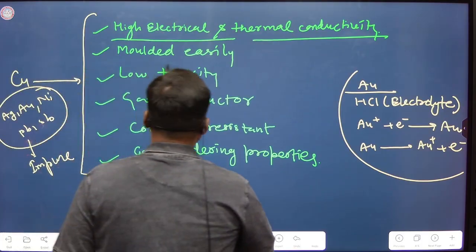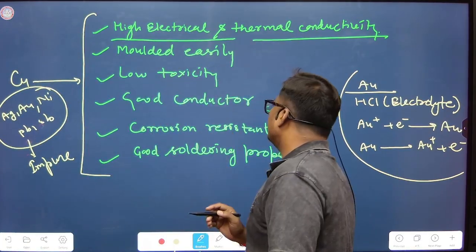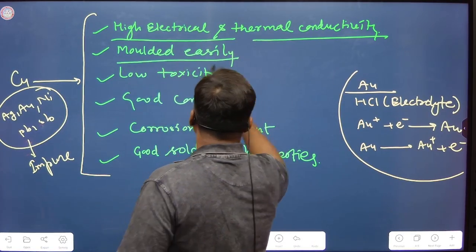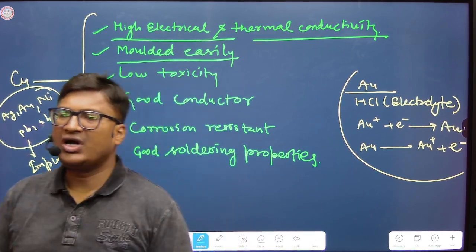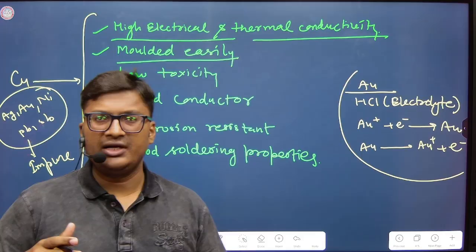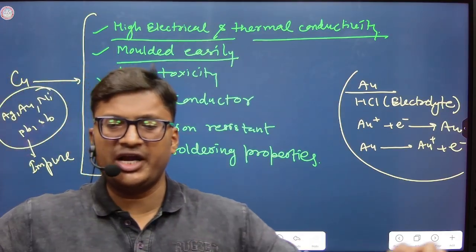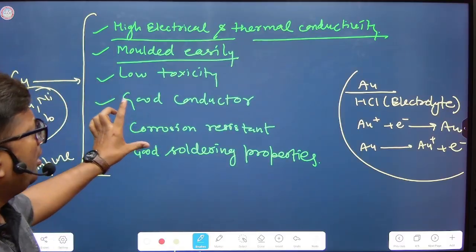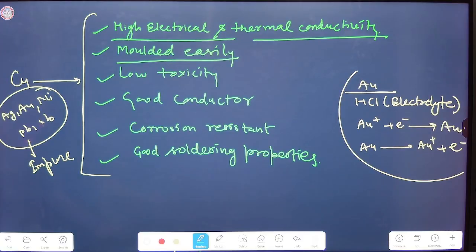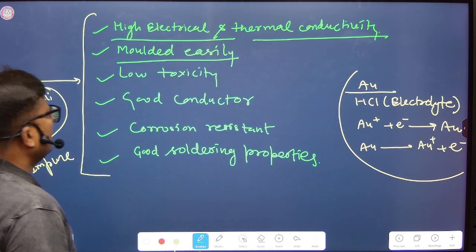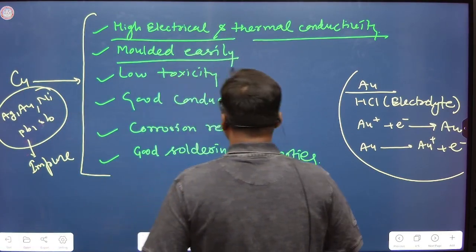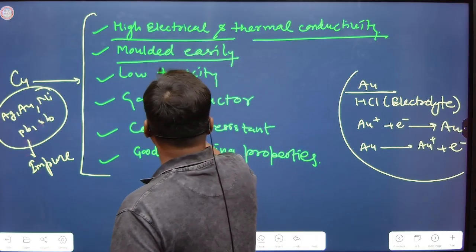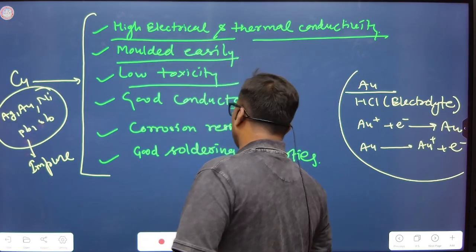The second advantage is that it can be molded easily, right? So pure copper can be molded and folded or stretched as wire. So that gets beautiful benefits. And the most important advantage is that it has low toxicity, right?